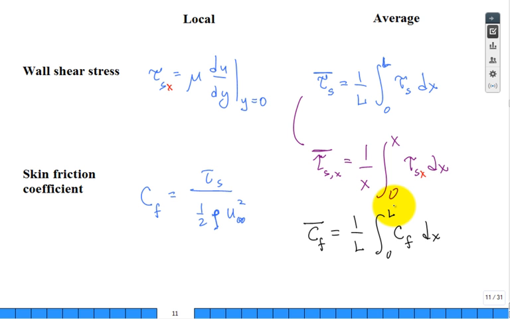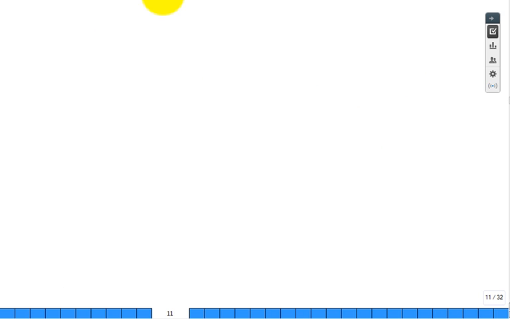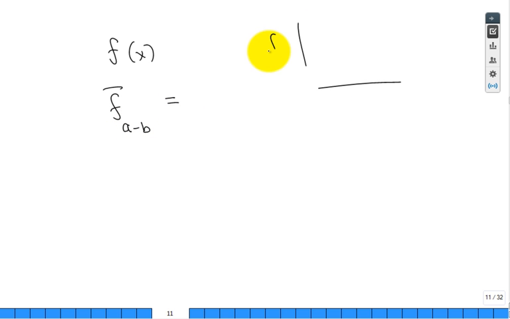In general, if somebody gave you a function, let me insert a new page. Somebody said, here's my function of x, and I want you to get f average of x from x equal to a to x equal to b. So let me try and graph that. Here's f, a function of x, and maybe my function does this.